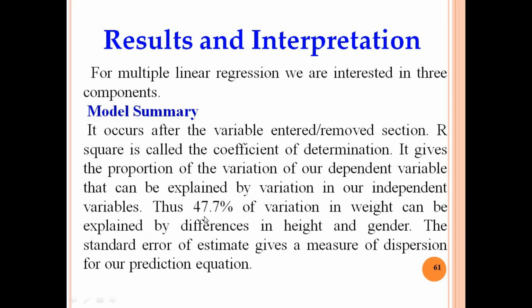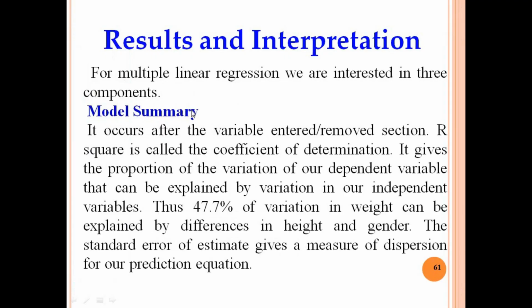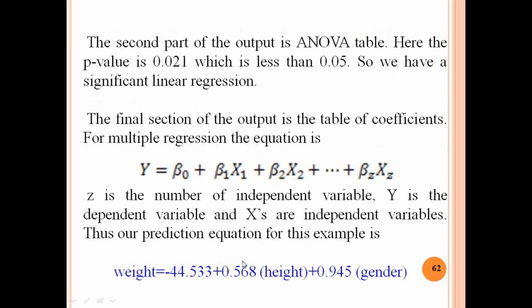Thus, with R square 0.477, 47.7% of variation in weight can be explained by differences in height and gender. The standard error of estimate gives a measure of dispersion for our prediction equation.